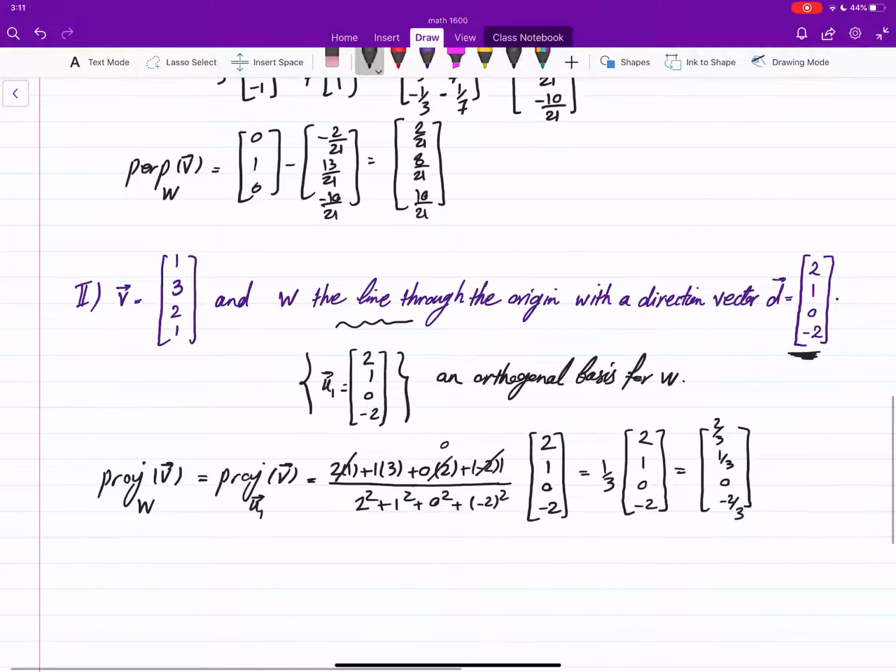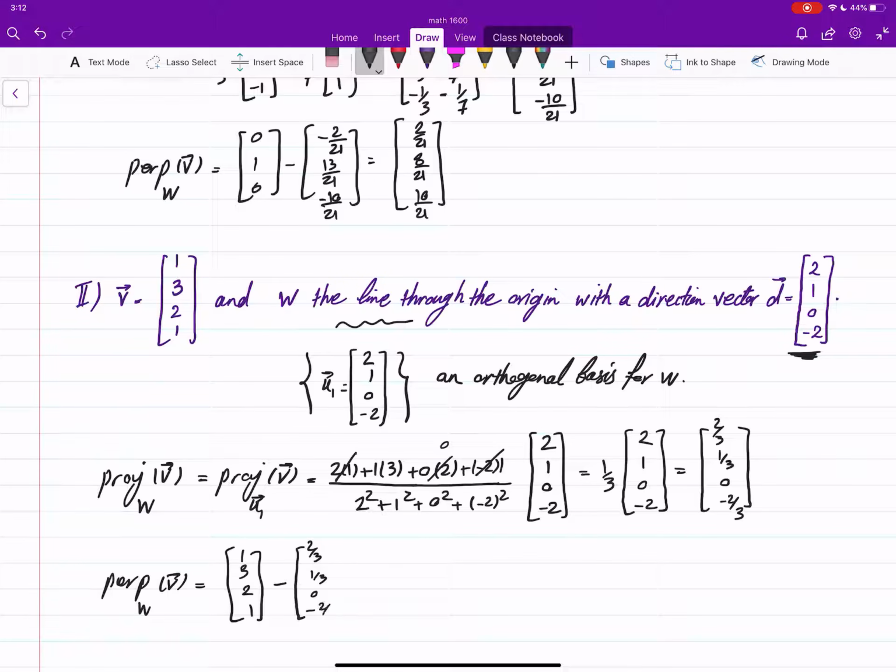Now that we have projection, finding perp of v orthogonal to W is not difficult. Just v itself minus projection of v onto W. So 2/3, 1/3, 0, negative 2/3.